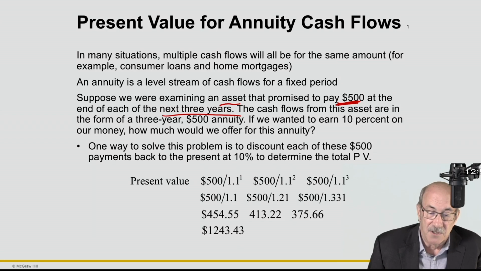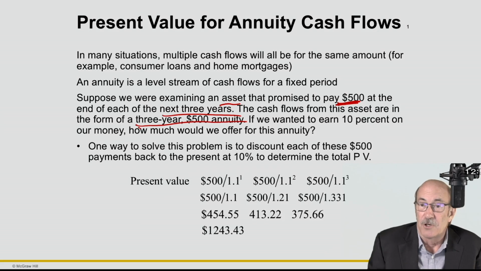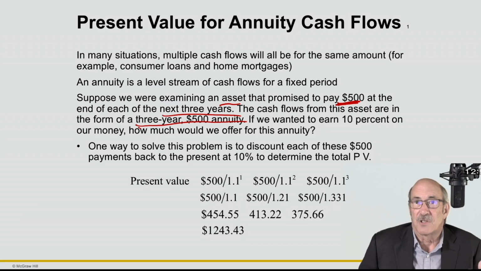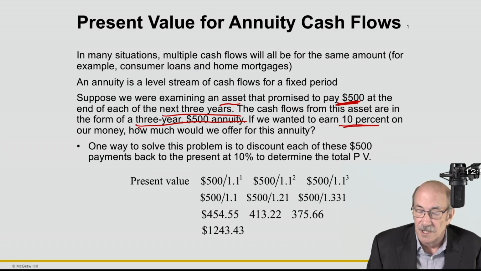The cash flows from this asset form a 3-year $500 annuity, just like the last one formed a 3-year $5,000 annuity. But this one is $500. The riskiness of this is equivalent to a return of 10%. So that's what we're going to use to discount.